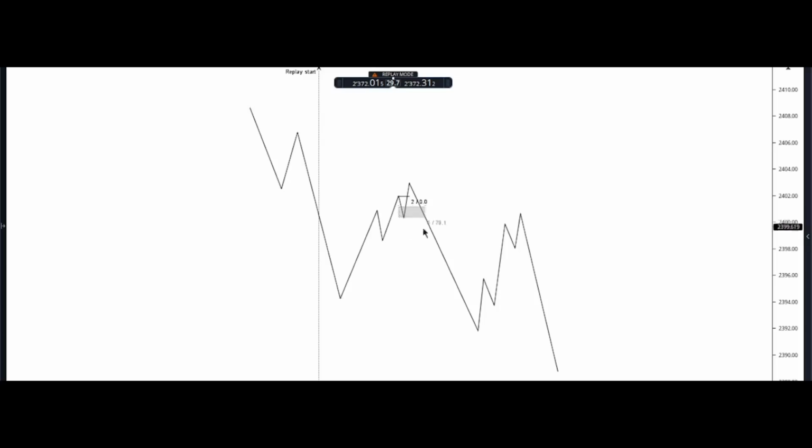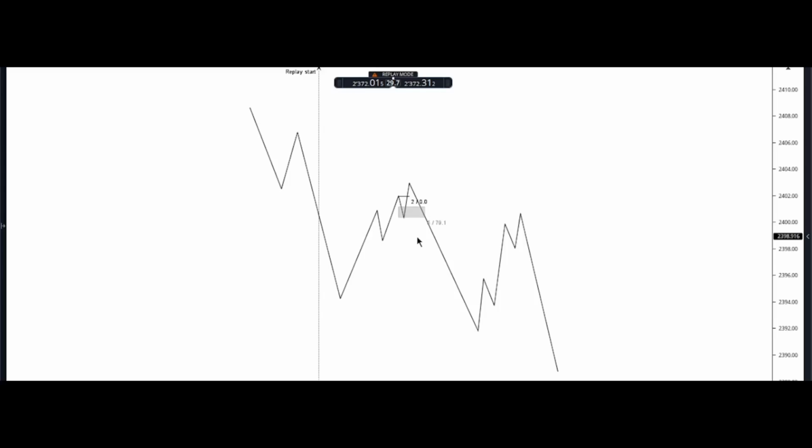Now, this breaker block is not a high probability zone to take trades from. This is not the way ICT teaches it. I just found a way of using this breaker block as a high probability zone.